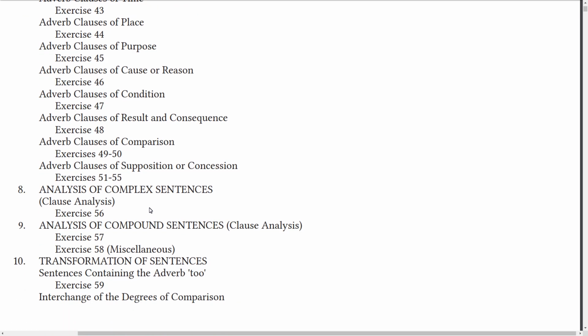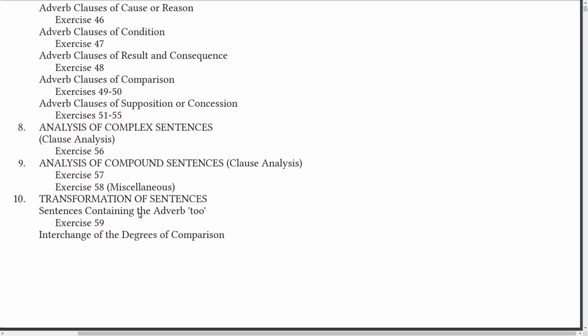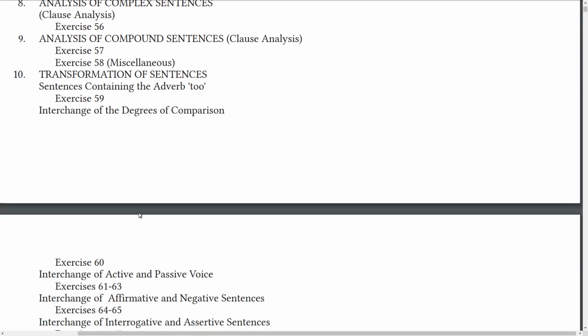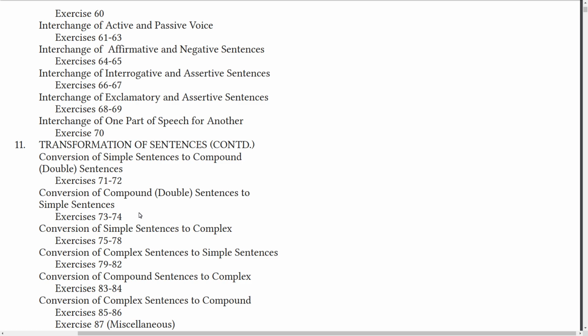And then we have to discuss complex sentences and their analysis. So this all will be our time planning and lesson planning, and we will try to give you a beautiful idea of how to learn active voices, affirmative, negative sentences, interrogative sentences, exclamatory sentences, and assertive sentences.